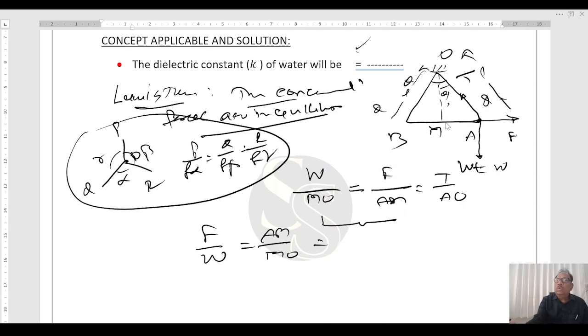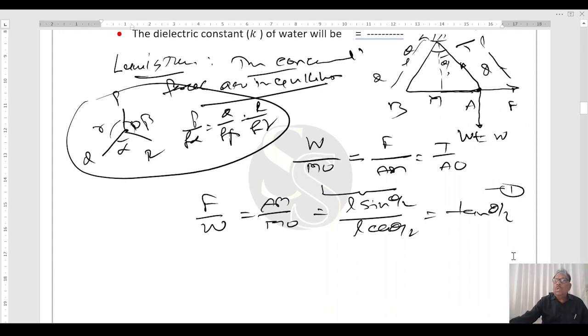AM will be perpendicular, L sin theta by 2, and the base will be L cos theta by 2, so that is tan theta by 2, right? This is question 1.